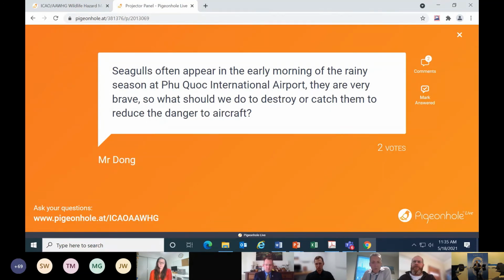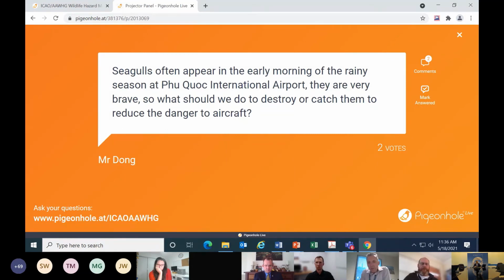So we certainly discourage destroying the seagulls, and sometimes there's just too many. So being very persistent in dispersing them, they'll eventually move on, and they'll look for a safe haven when they do move on. So sometimes they are likely to come back to the area.